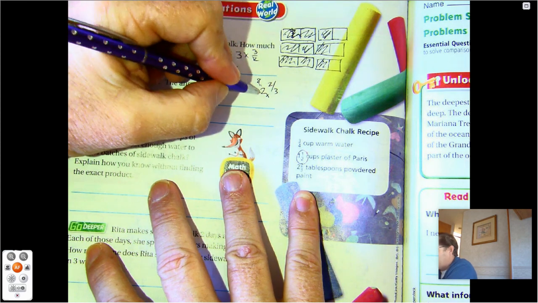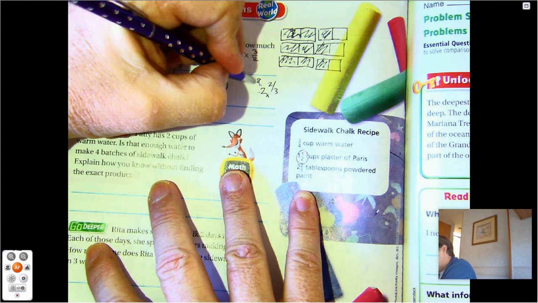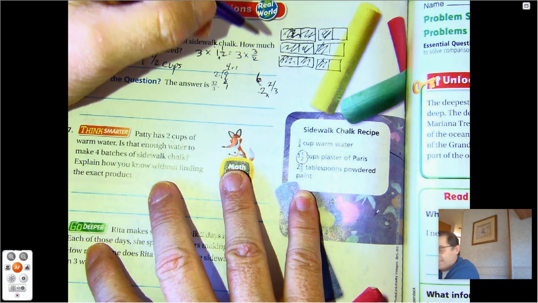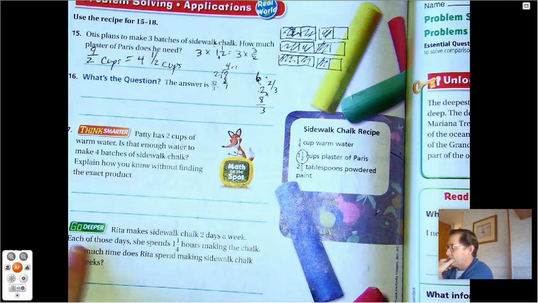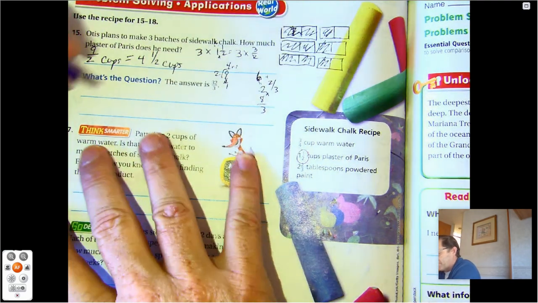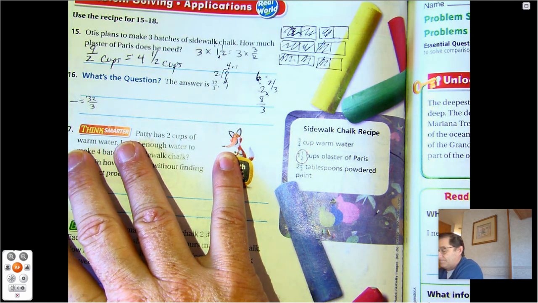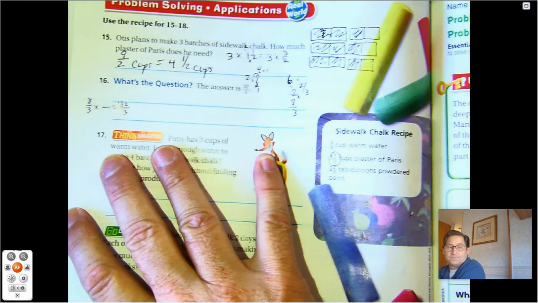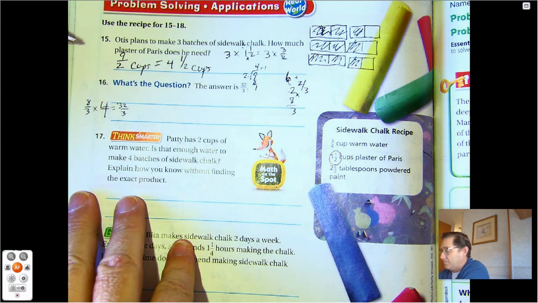So every whole has 3/3. So that gives us 6. 2 times 3 is 6. Plus 2 more is 8. So 2 2/3 is the same as 8/3. 8/3 times what is 32 thirds? 4. 8 times 4 is 32.